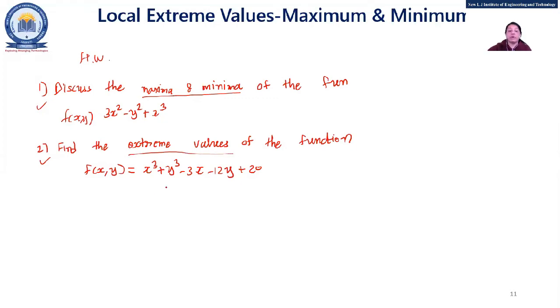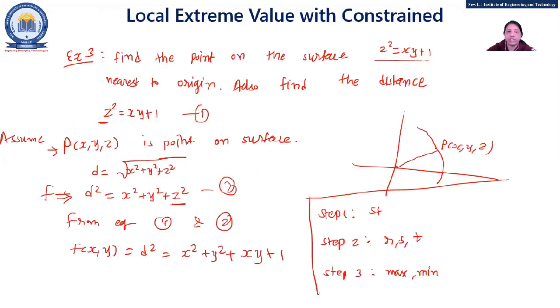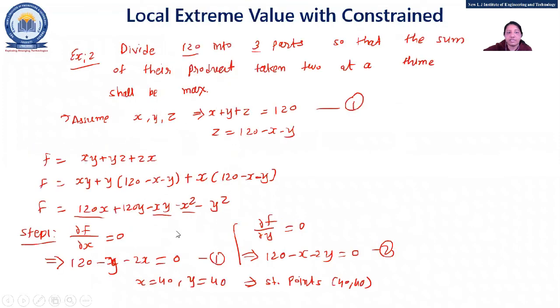The other way is something like what we have discussed today: find the point on the surface, where they have not directly given the function and constraint. And in the second way, they can ask to divide 120 into 3 parts. So in that way also it will be asked in an exam, fine?